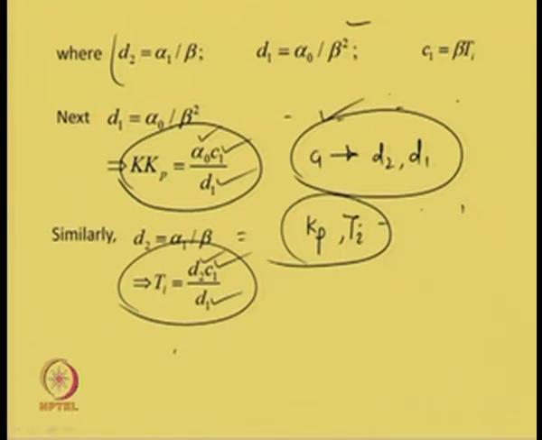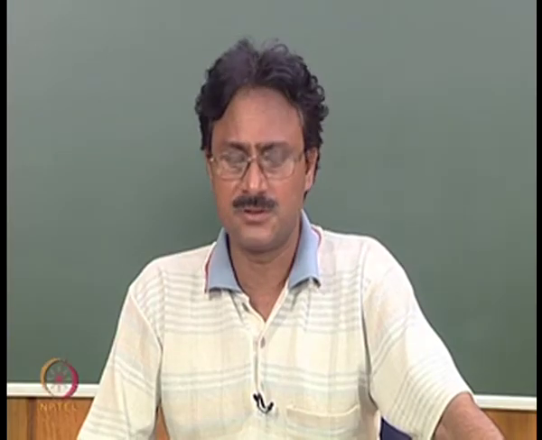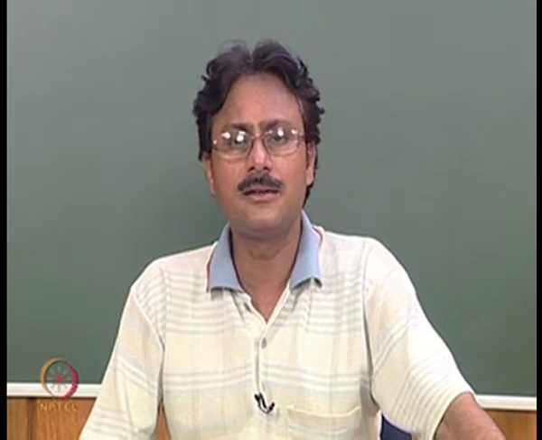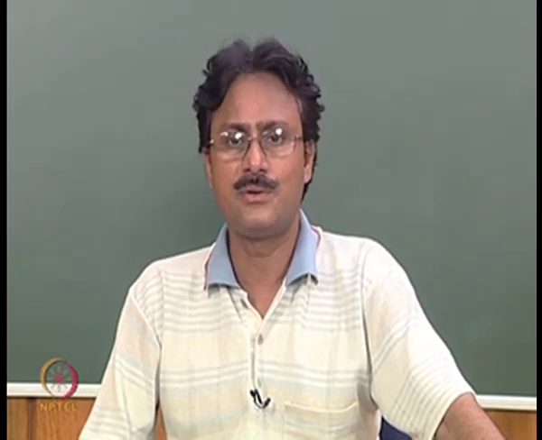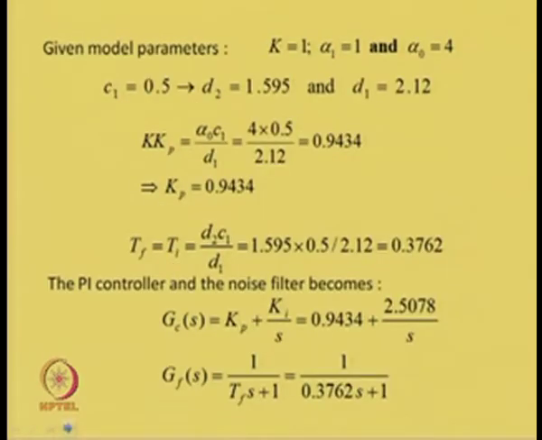So, if the transfer function model of a process is known and if it is available in the all pole form, then it becomes very easy to design PI controller with a noise filter in the loop for the closed loop system. Now, we consider the same process model as we have considered in the earlier case, where k is equal to 1, alpha 1 is equal to 1 and alpha 0 equal to 4.